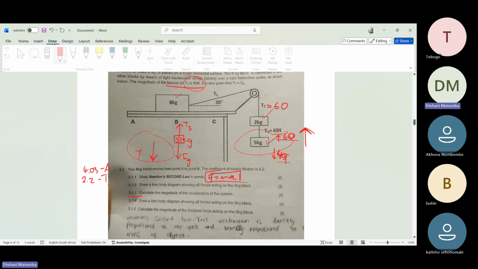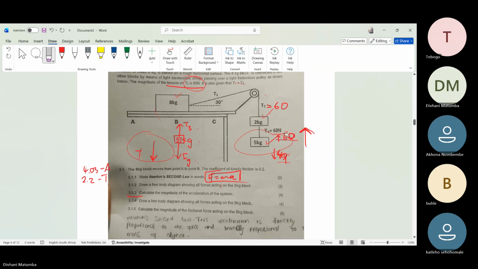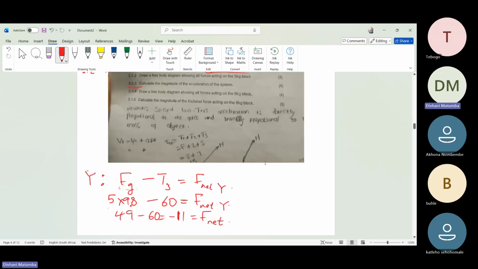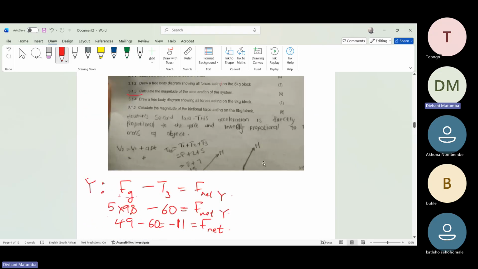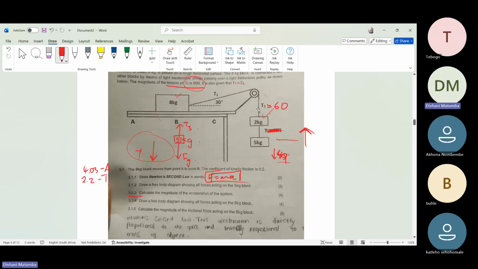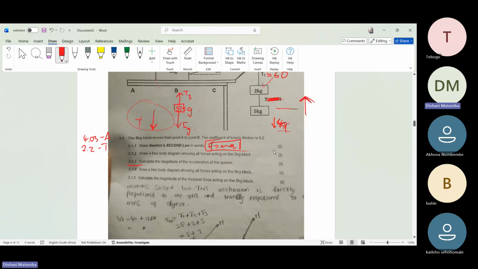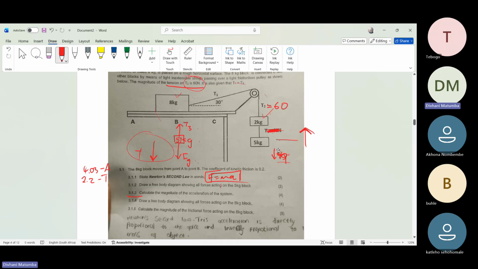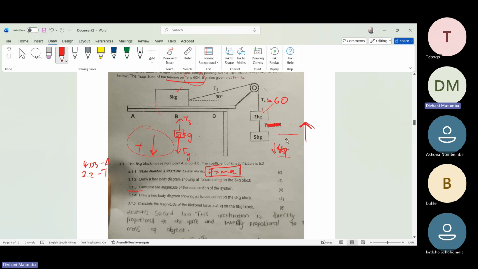If we are trying to be realistic, T3 is not equal to 60. So if that was the case, it means we have to include the 2 kg. If we want to calculate the proper acceleration, we have to include the 2 kg.